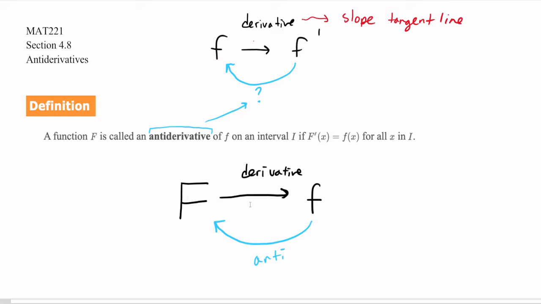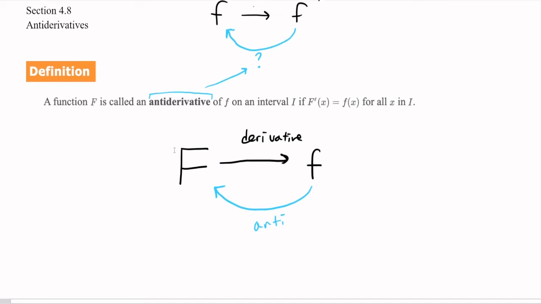Now, that's going to get a little crazy in a second, but we'll do a bunch of examples so you can see why I just corrected myself from the antiderivative to an antiderivative. Not just being English specific here. That's important. So, it's just some function that if I do the derivative, I get to this little f.